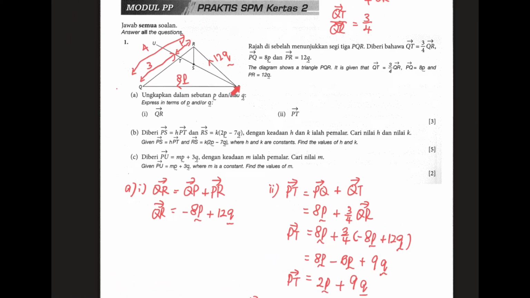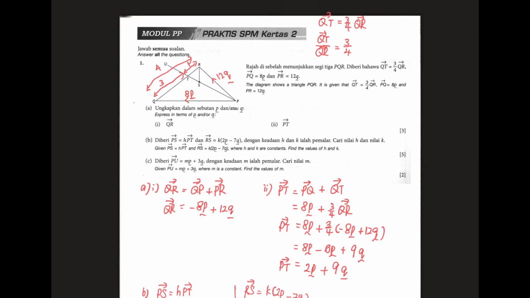PU, which is here, all the way up to this U. PU equal to MP plus 3Q, where M is a constant, find the values of M. So what we can see easily here is we know that PU and what we found here, PT, are on the same straight line. We call them collinear.